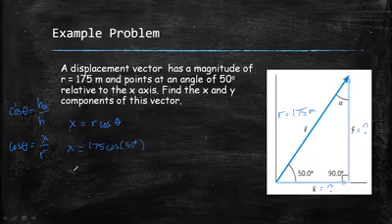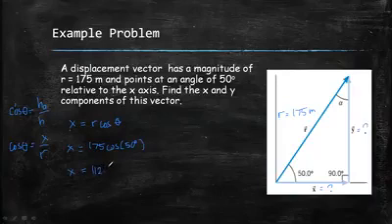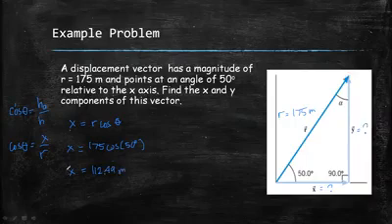Therefore, the x component is equal to 112.49 meters. We don't have to solve for the direction since it is the x component. We know that it is directed along the horizontal.